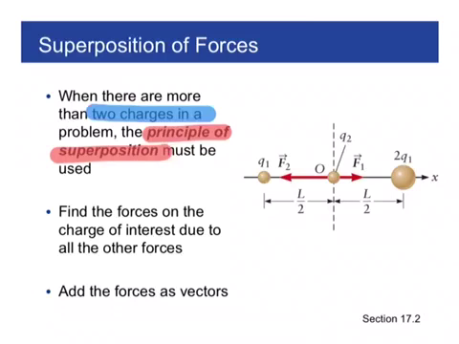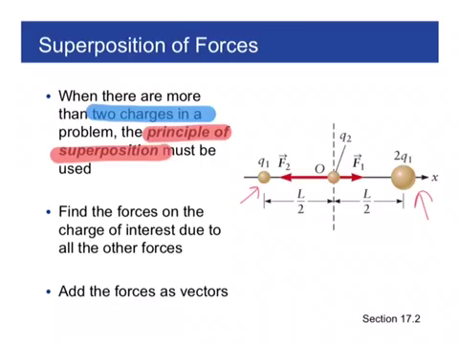Just look at this example. There is a first charge, a second charge of double the size, and there is a test charge. Let's say these are all positive charges.